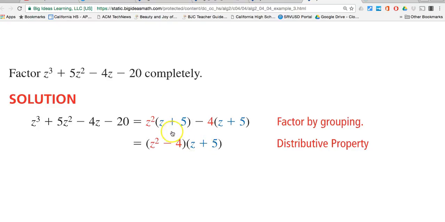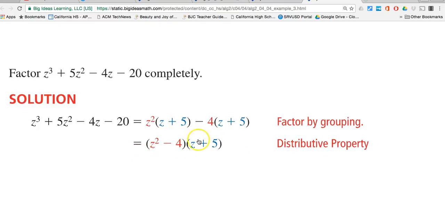I'm hoping this jumps out at you right now. If you look at z squared minus 4, you should recognize that as the difference of two squares. We've got z squared minus 2 squared. And that should be pretty simple for you to factor into just z plus 2, z minus 2.